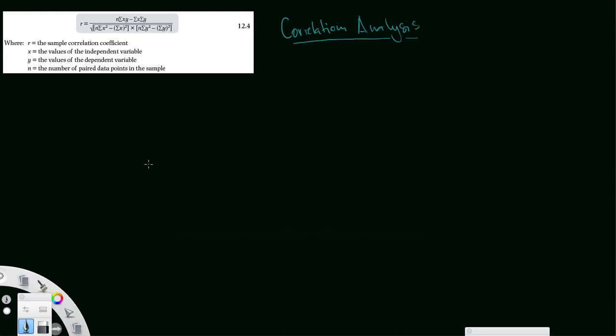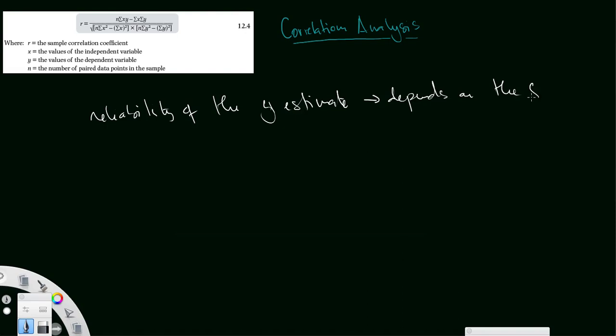When it comes to correlation analysis, we must first remember that the reliability of the y estimate that we just calculated mainly depends on the strength of the relationship between x and y.